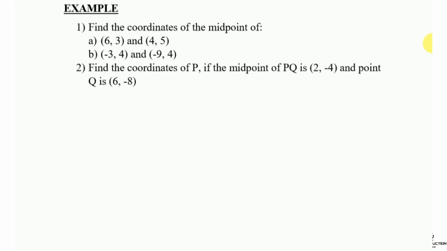Our example 2 reads, find the coordinates of P if the midpoint of PQ is 2, comma negative 4 and point Q is 6, comma negative 8. And from that question we're supposed to understand something.